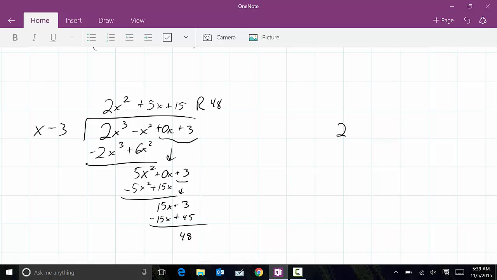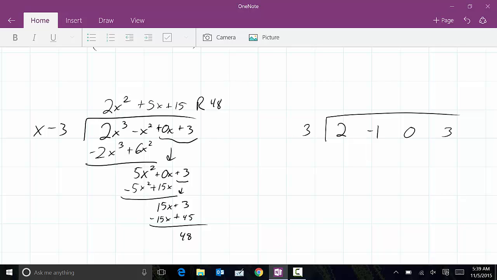We're going to just copy the coefficients. So we have 2, then minus 1, we have 0, and then we have 3. And we're going to divide this by 3.